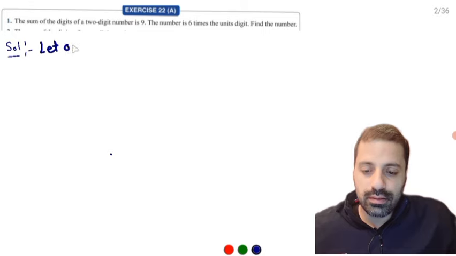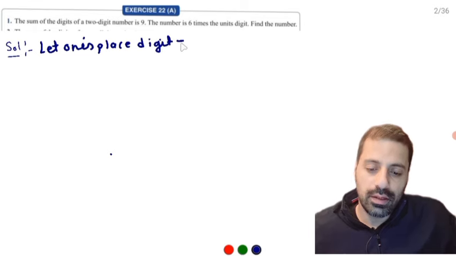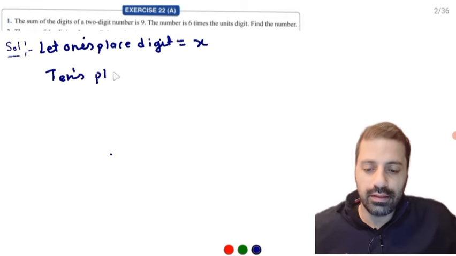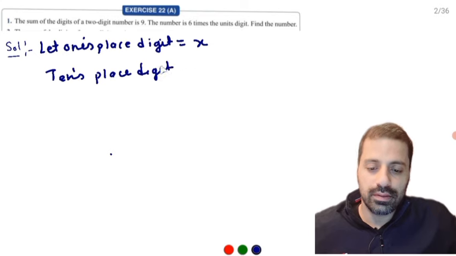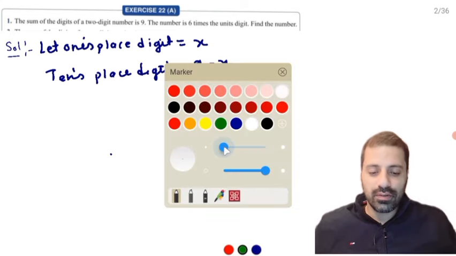So let the ones place digit be equal to x. Then the tens place digit will be 9 minus x. I hope you understand this thing very well.